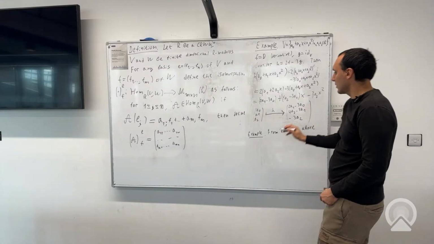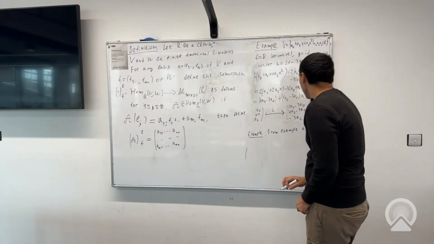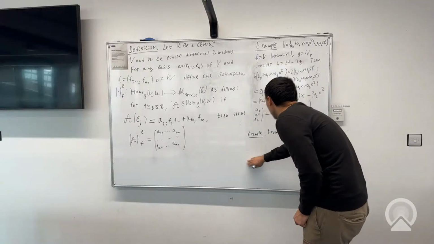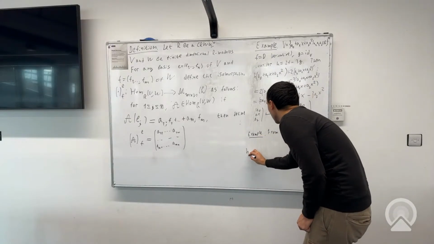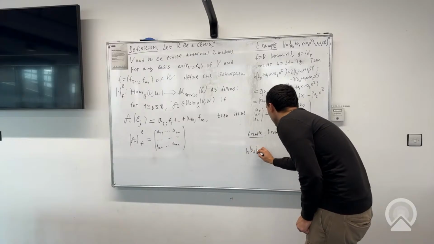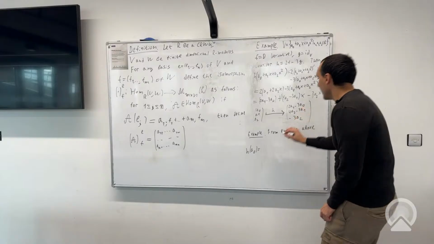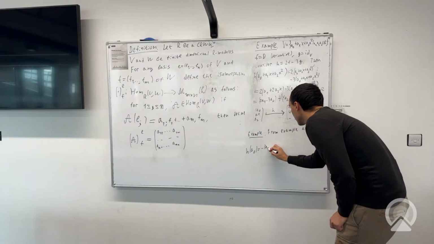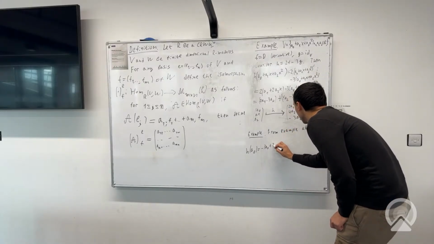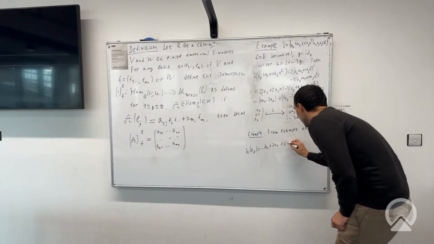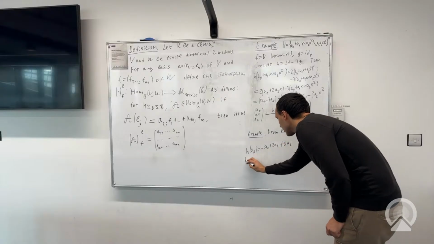We have that H of a0 is minus 3a0 plus 2a1 plus 0a2.